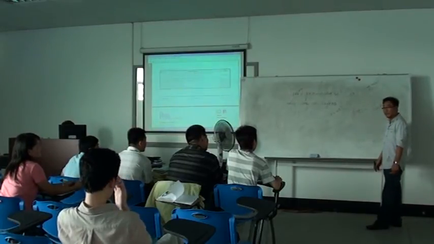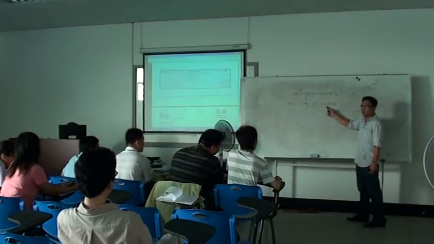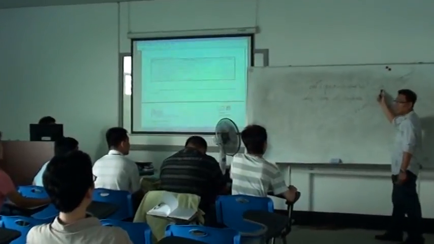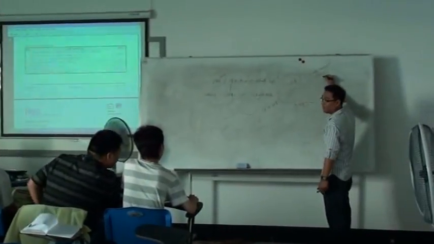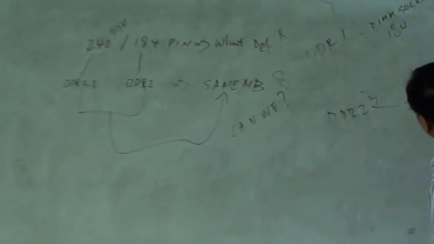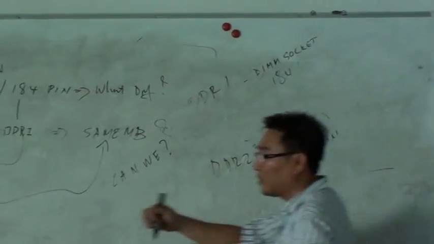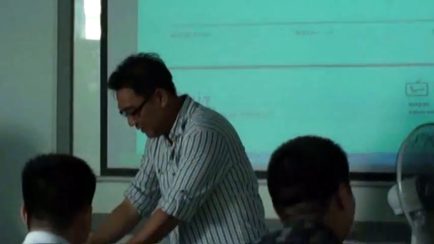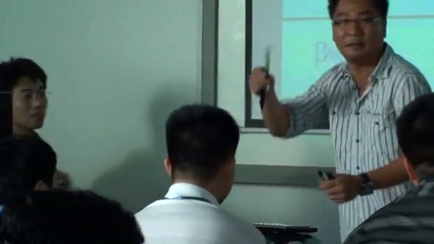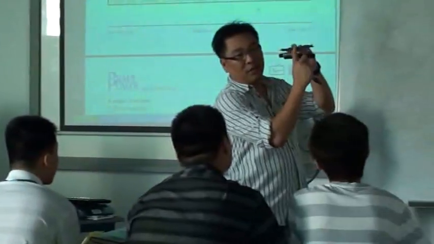The DIMM socket for a DDR1 motherboard is only 184 pin. The DIMM socket for DDR2 and 3 is 240 pin. This is called the DIMM socket.